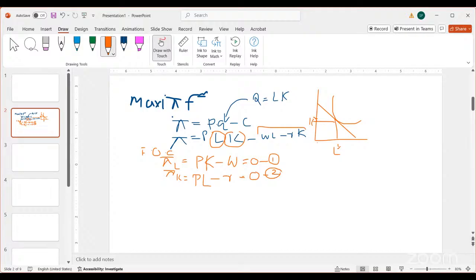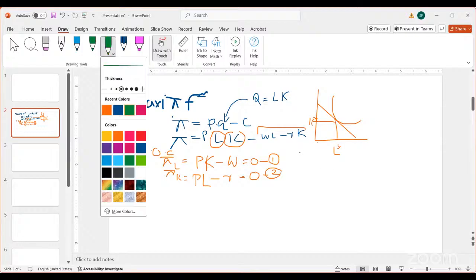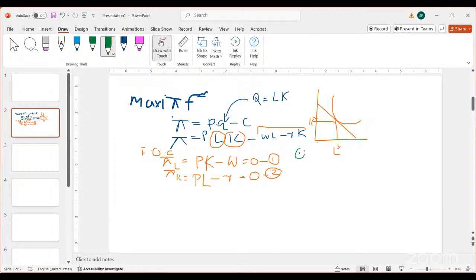Now with this, I think what we can do is divide the first equation by the second equation, as we did the last time.